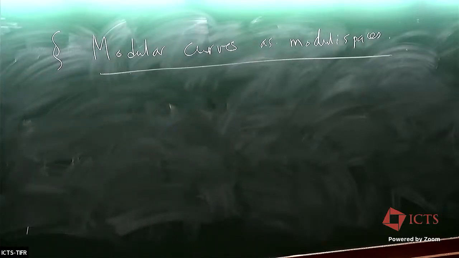When you first see this it's a little bit confusing, because these words appear again and again in different contexts, and you have to sort of isolate things. The modular curves are also moduli spaces of elliptic curves. Modular forms are functions on the upper half plane. Modular curves are basically the upper half plane modulo SL2(Z) or Gamma_1(N) or something like that. So you have these curves, I'll define them in a second.